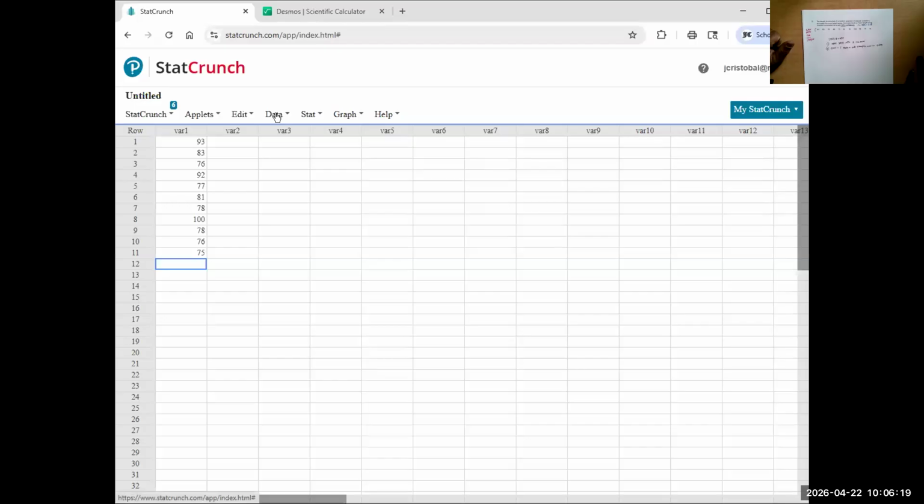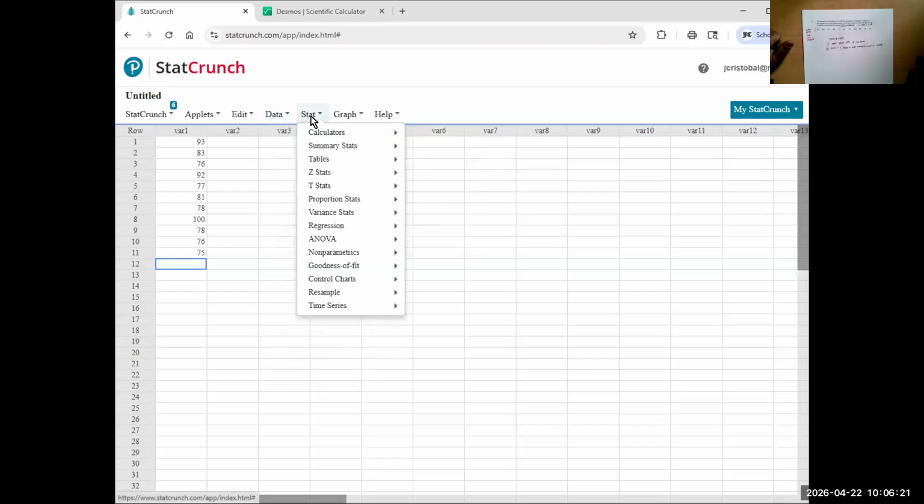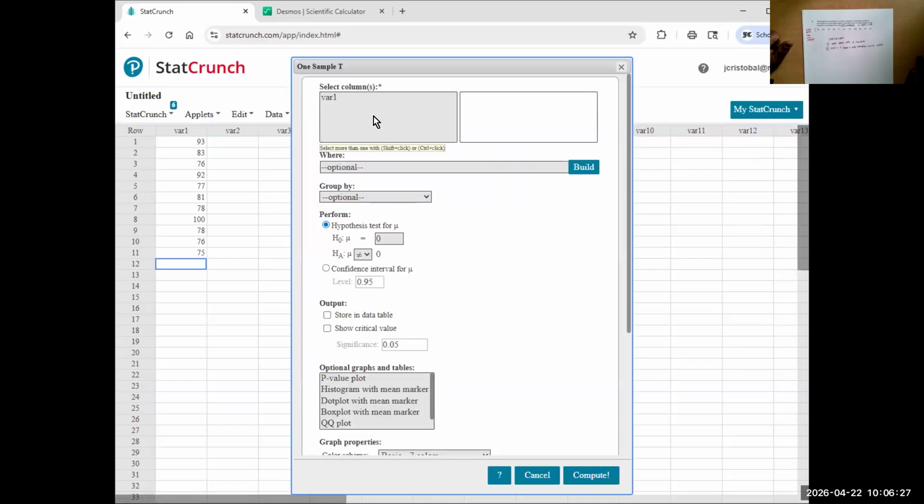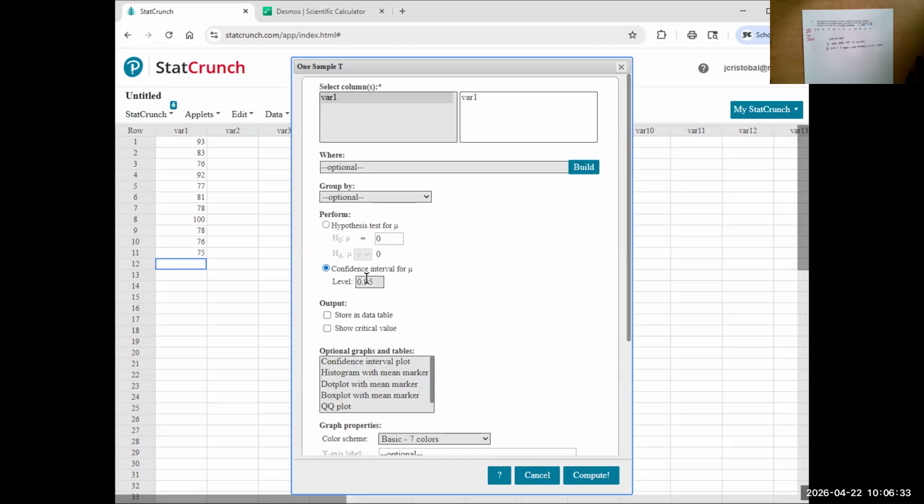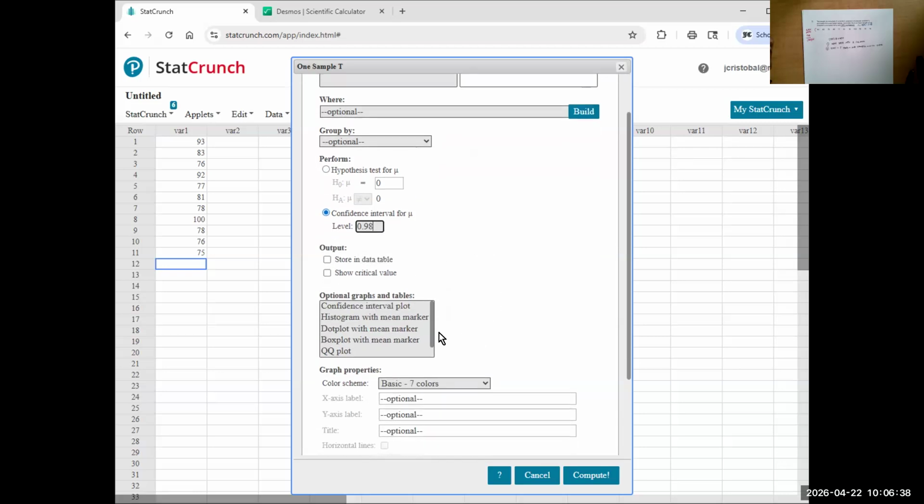But now, since we have that raw data, we'll let it do that work. The stats here, one sample with data. Now we select the column, variable 1, or if you want to label that times. We're doing a confidence interval, 98%. I'm not worried about making any graphs, but I'll make sure to show that critical value.